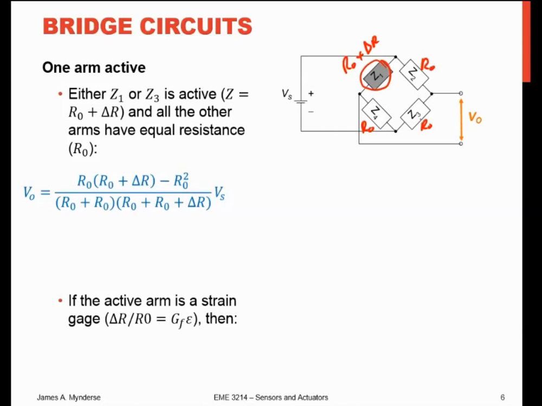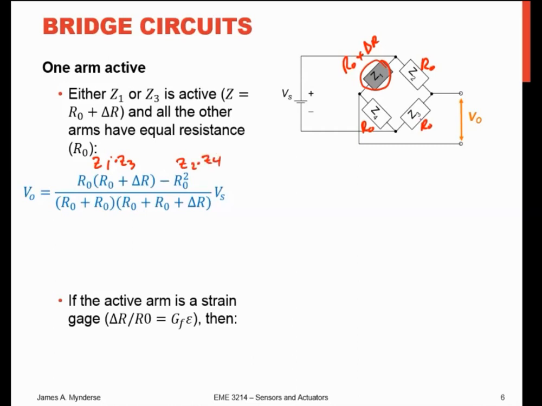This is our strain gauge equation from a couple slides back where I substituted a little bit. Basically, this term here is Z1 times Z3. This term here is Z2 times Z4.